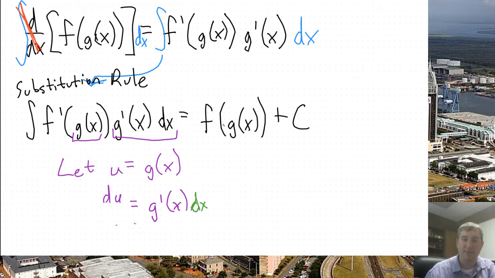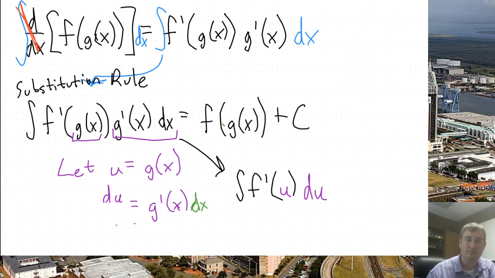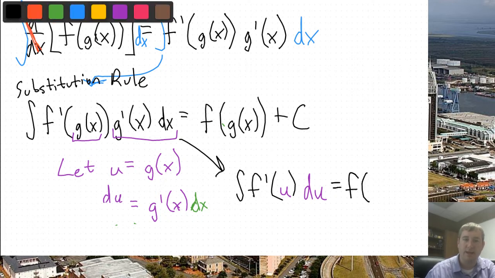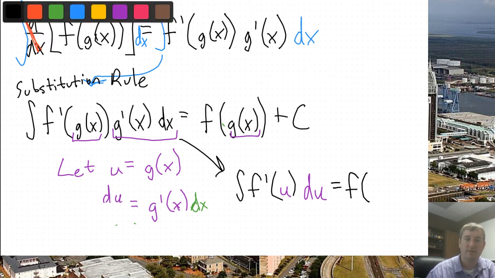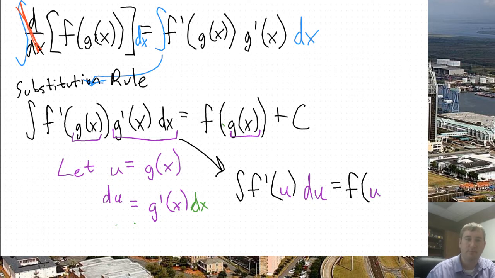And so what has happened is this left function, the integral of f prime of, and then the g of x, has been replaced with a u. And then the g prime of x dx has been replaced with the du. That would equal, on the right-hand side, f of, and then, again, on the right-hand side, we have g of x, which we would simply write as u, plus c.